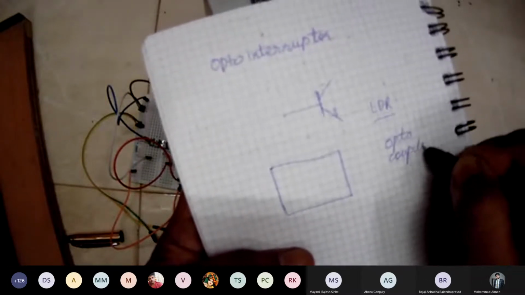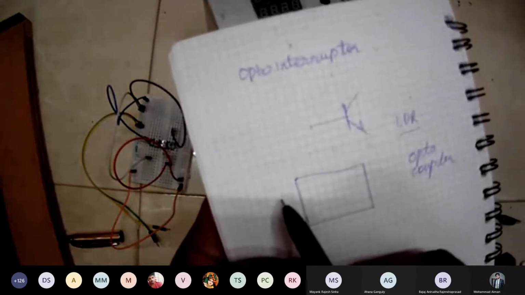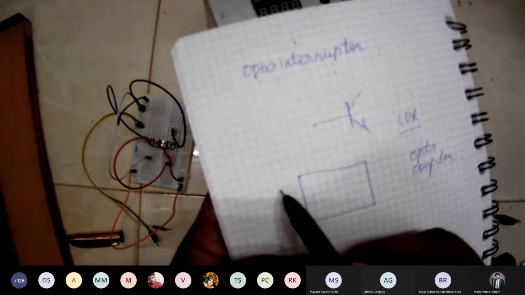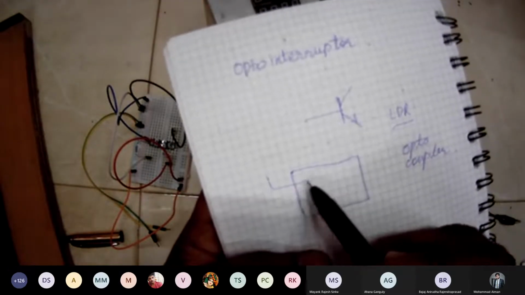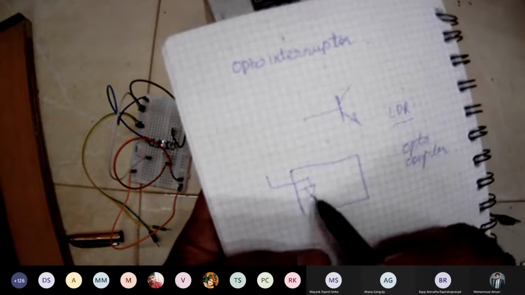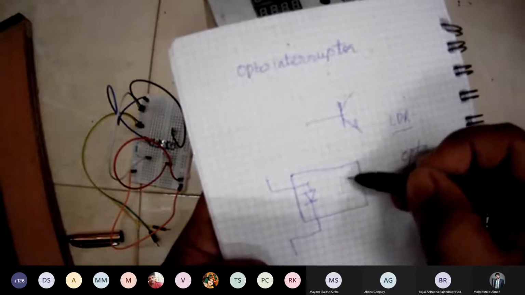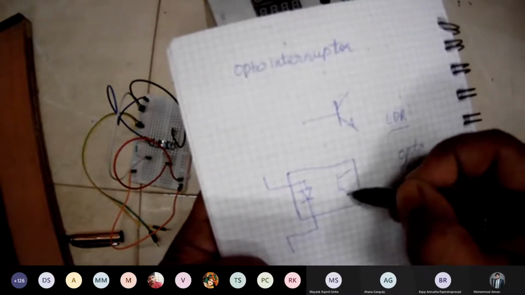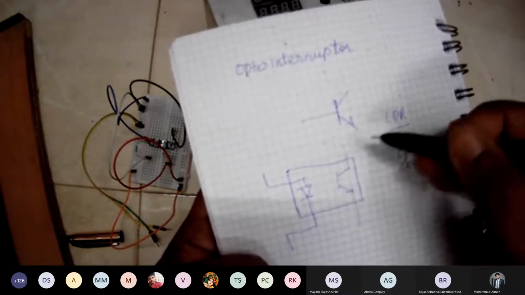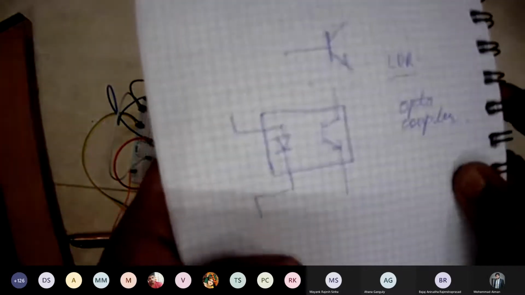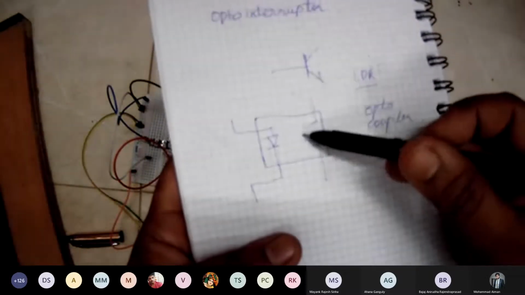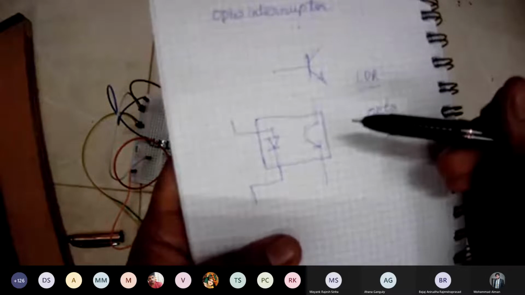An optocoupler looks something like this. You have basically an input LED, and you have a line like this. So it's like a transistor, but there is nothing connected to the base as such.